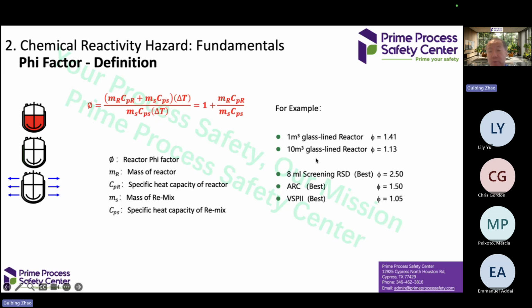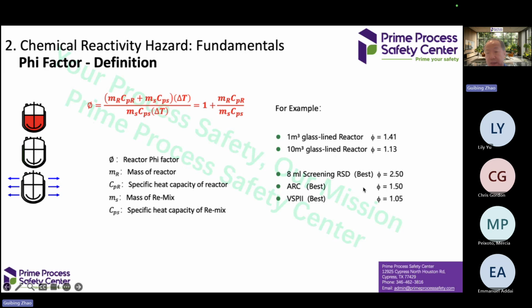For a 1 cubic meter glass lined reactor, phi is about 1.41, and for a 10 cubic meter reactor, phi is about 1.13. As you can see, with reactor scale increase, the phi factor gradually gets close to 1 because when the reactor gets huge, this term is almost equal to 0. That means the heat capacity of the reactor itself is far less than the heat capacity of the chemical as reactor scale increases.